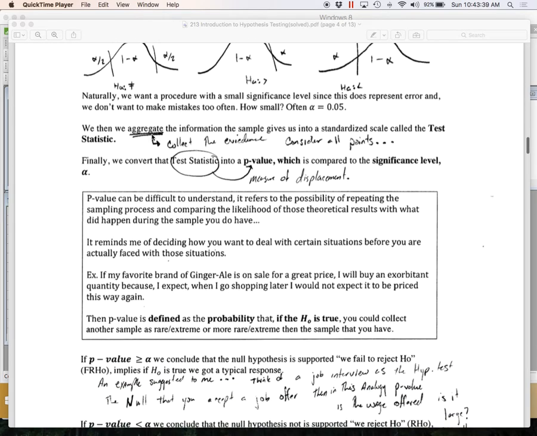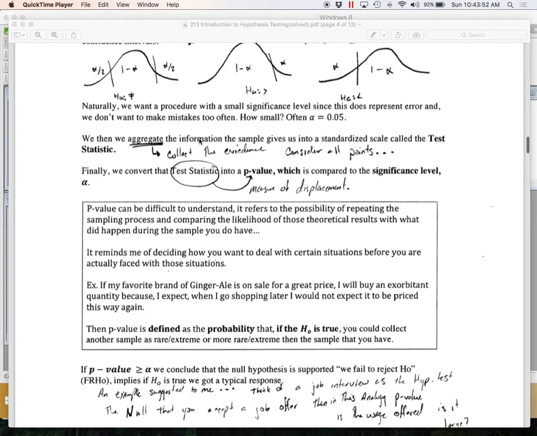Okay, so this is called making a test statistic. Okay, a statistic is just a compilation from a sample, and the test is just referring to the fact that it's a hypothesis test. So we're going to convert all of our data into a test statistic. Then we will convert the test statistic into something called the p-value.